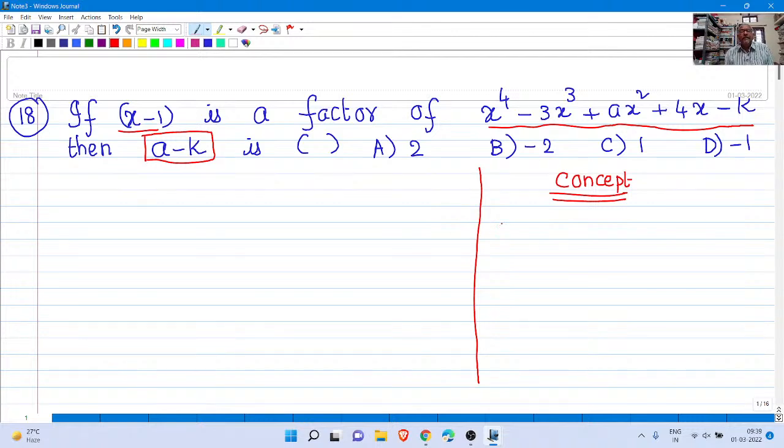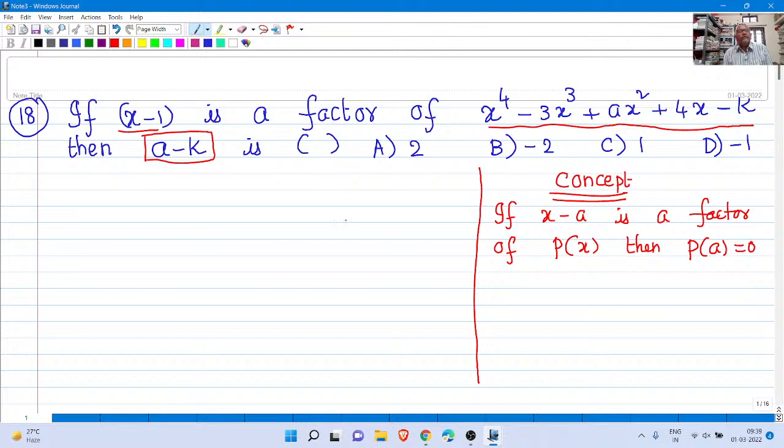It states that if x minus a is a factor of p of x, a polynomial in x, then p of a equals 0. So using this concept here, we'll get like this.